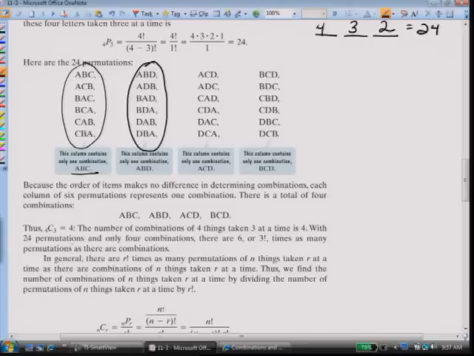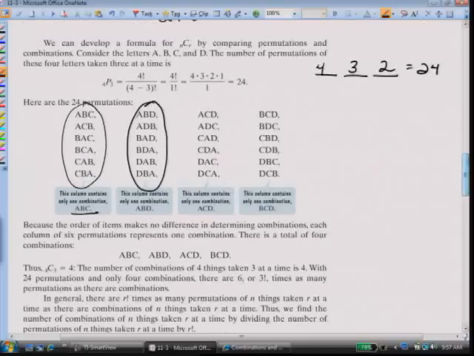And there were 24 permutations, only 4 combinations. There were 6 times as many permutations as combinations. Does that make sense? Do you agree that there are 24 permutations? Yeah. Okay. But in a combination, order does not matter.